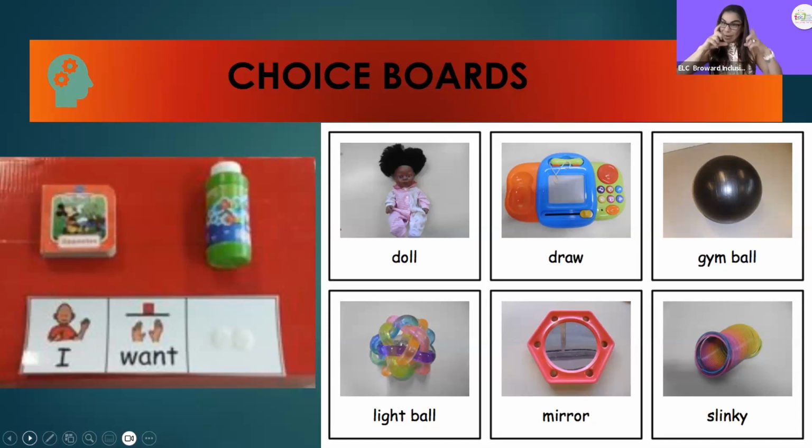You take an actual picture, you've created a choice. You've given this child an opportunity to communicate effectively. And the thing about this is it's not confusing. It's not cartoony pictures. These are actual pictures. So when they look at the doll, they know that this doll is in that center and that's the doll they want. It's not generalized.